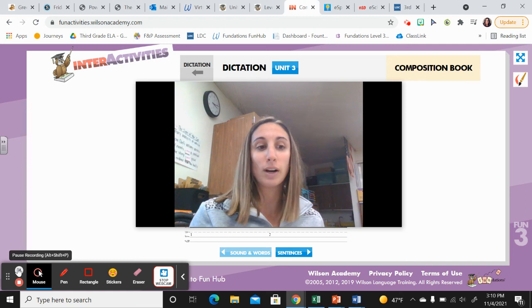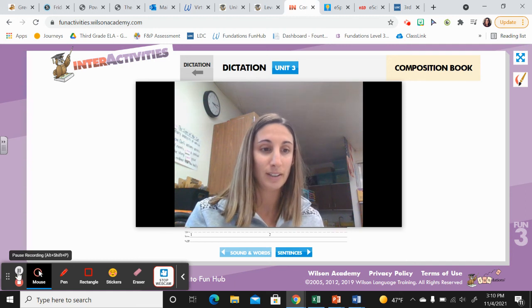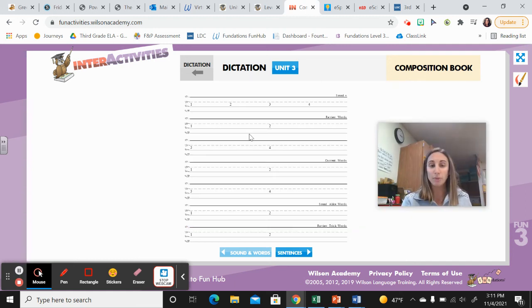Page 64 and 65. Okay, at the top of page 64, look in your sounds row and find the number 1. The first sound I want you to write is A. Say it. A. Now, you may have learned other vowels that say A, but remember for Unit 3 in 3rd grade, you just need the vowel-consonant-E combination.